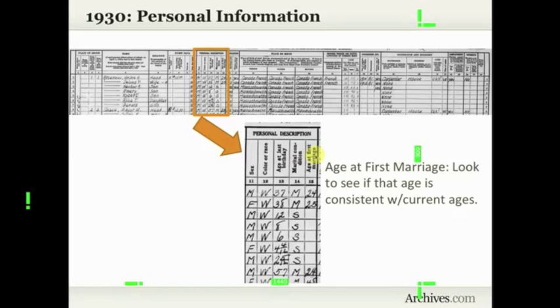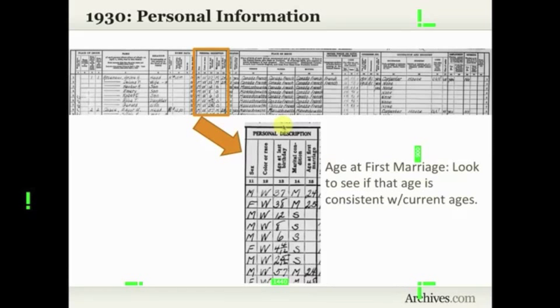Well, that's a lot different than she being 1 year older than him, so that would lead me to believe that at least one of them had been married before. So compare that age at first marriage to see if that age difference is comparable to what their current ages are. Is it the same age difference between the two? And if not, you might have another marriage somewhere in the mix.